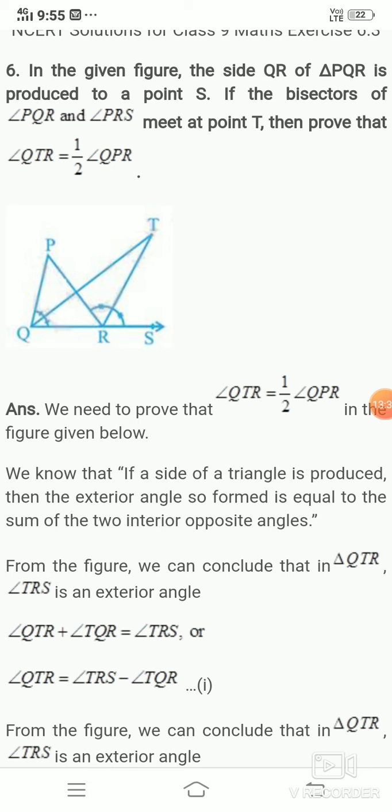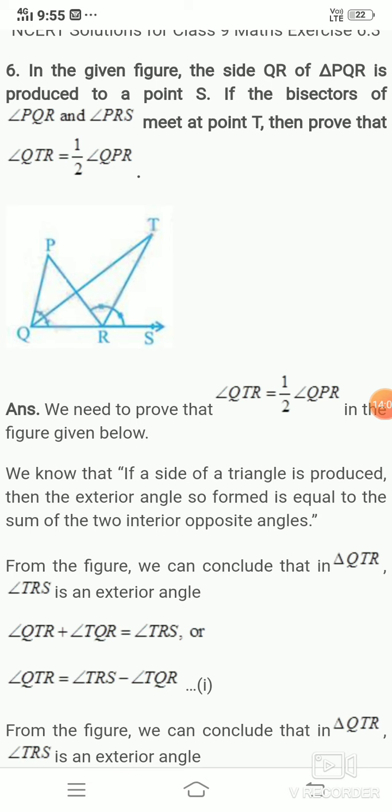So now write in the triangle QTR, TRS is an exterior angle. One exterior angle is equal to the sum of the two opposite interior angles, that is the property you are going to use. So QTR plus TQR equals TRS.